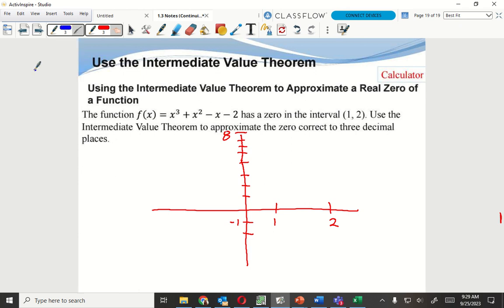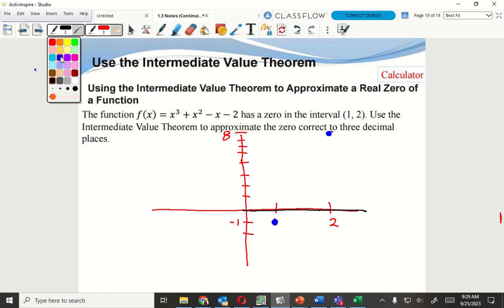On a closed interval, f of 1 gave me negative 1, so there is a closed dot right there. F of 2 gave me 8, a closed dot right there. And isn't 0 right there on the x-axis?